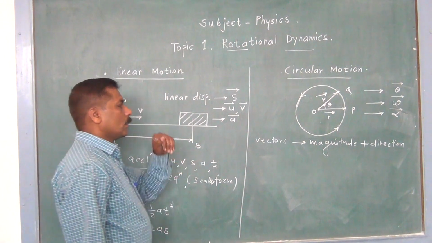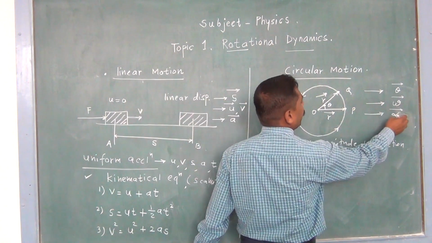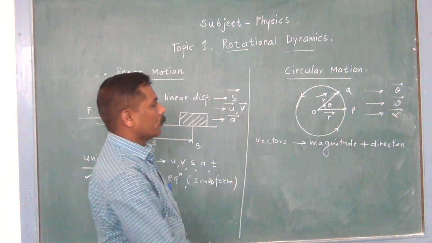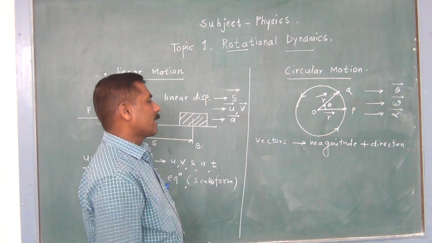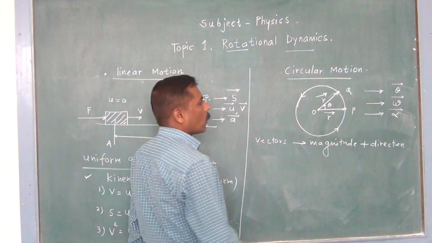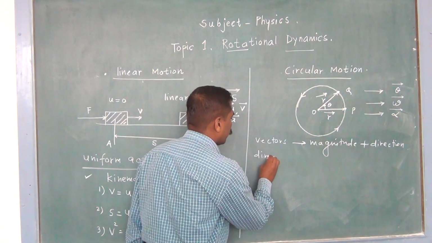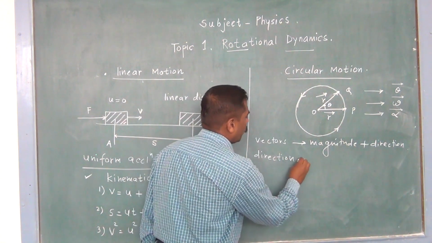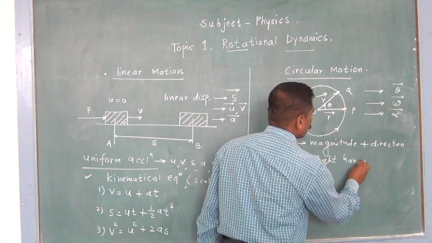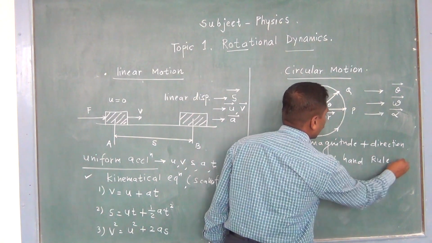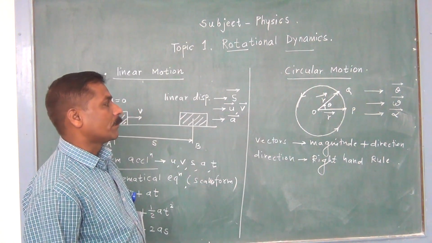But how can we find the directions of these vectors, that is theta angular displacement, omega angular velocity, alpha angular acceleration? The direction of all three is given with the help of the right hand rule, and it is a very important rule by using which you can find the direction of these vectors.